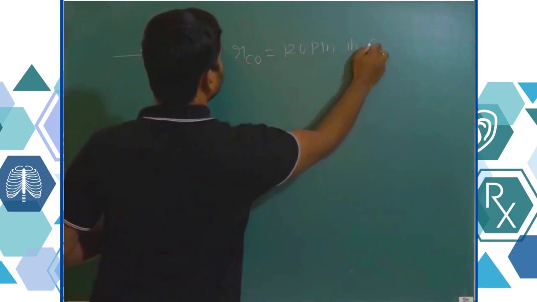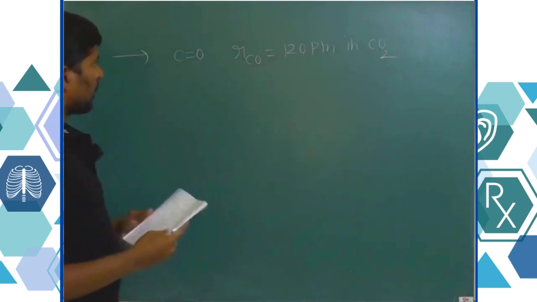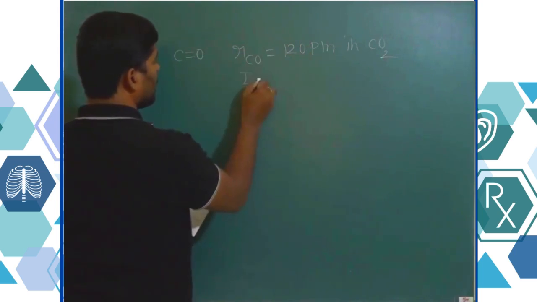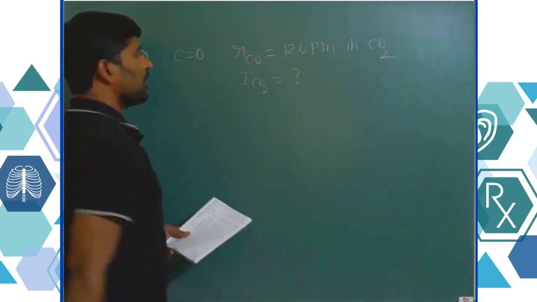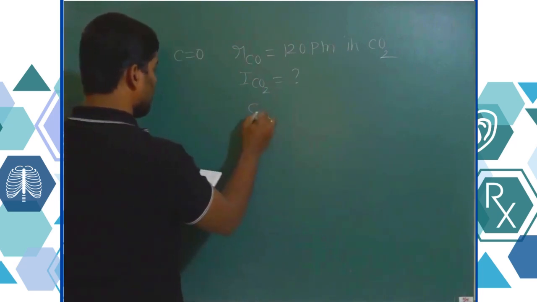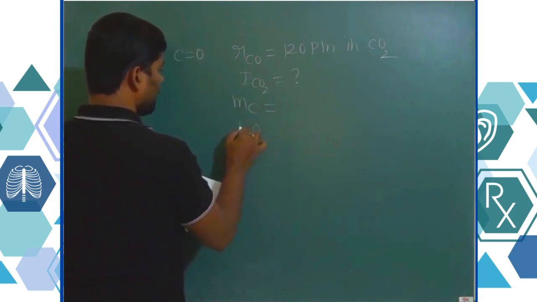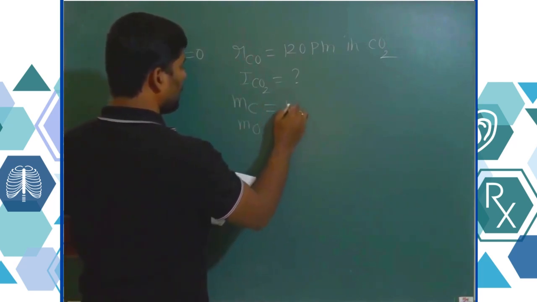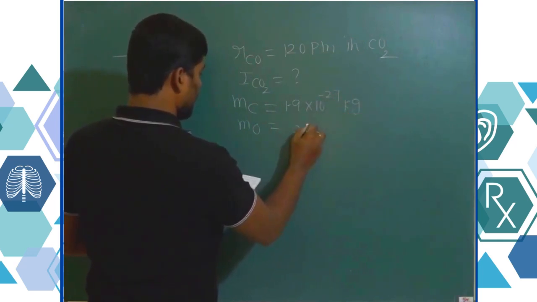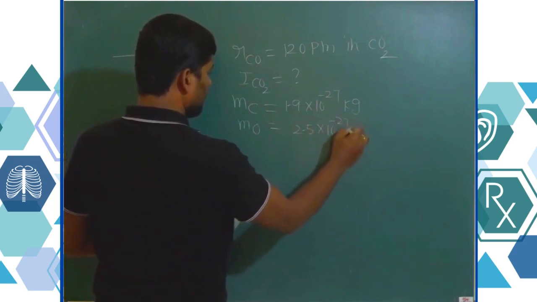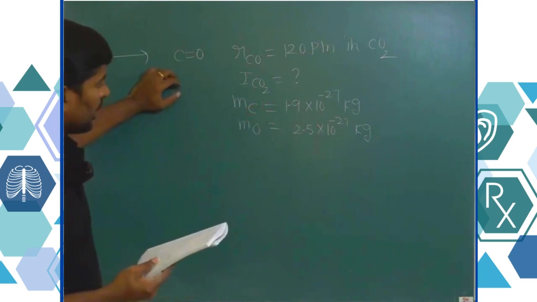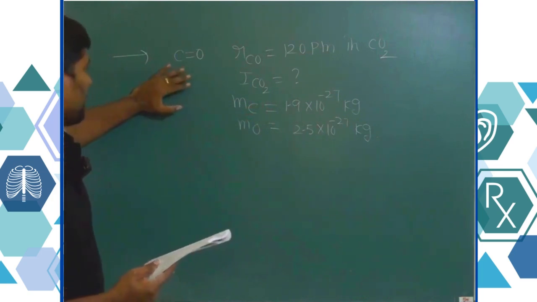The moment of inertia of CO2 would be close to what? The masses of carbon and oxygen are given as 1.9 into 10 power minus 27 kg and 2.5 into 10 power minus 27 kg respectively. Options are again given in kg meter square.